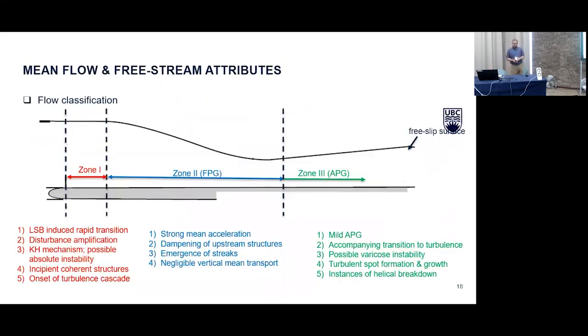Okay, to summarize, we have three zones. In the first zone, the laminar separation bubble triggers rapid transition through two disturbance amplification modes, one through a Kelvin-Helmholtz inviscid instability, another through a viscous absolute instability that results in the incipient creation of coherent structures and the onset of a turbulence cascade that gets started but then stopped by this favorable pressure gradient region, where the strong mean acceleration dampens the structures that were generated upstream, allows the streaks to remain, but inhibits the cross-stream momentum exchange, diminishes the transverse vortical structures, and delays or discourages strong sweep and ejection motions in the turbulence.